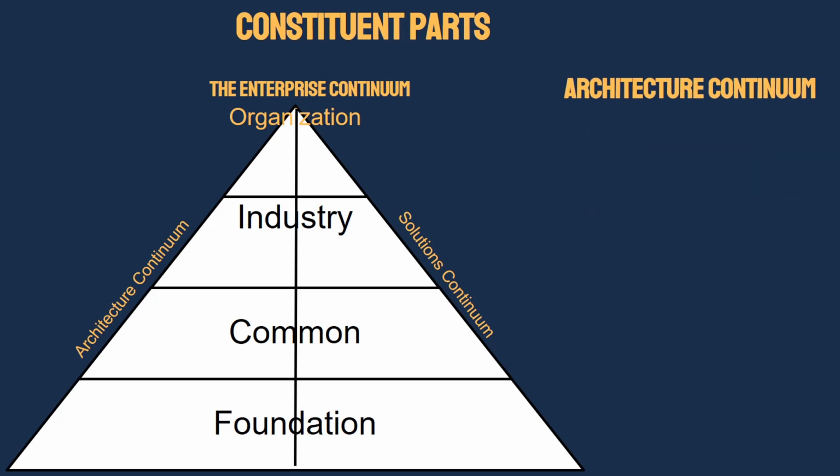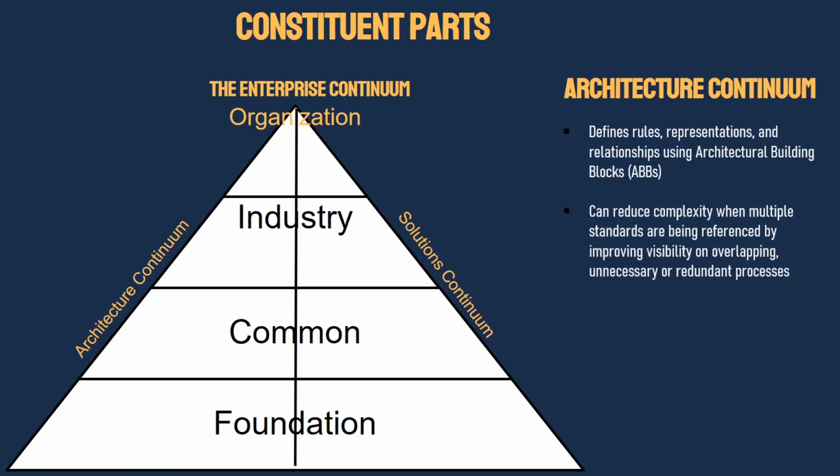The second part is called the architecture continuum, and it is one side of our pyramid. It defines roles, representation, and relationships using architecture building blocks or ABBs. This can help reduce complexity when multiple standards are being referenced by improving feasibility on overlapping, unnecessary, or even redundant processes.